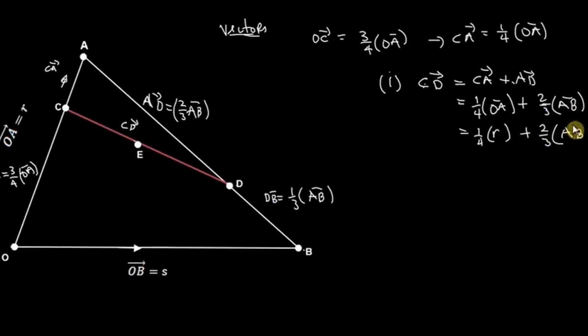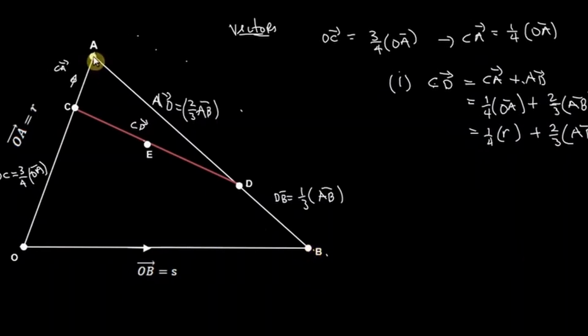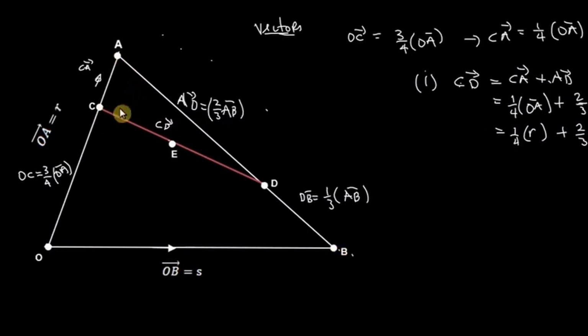That's not a problem. So I need to find AB in terms of R and S, or S, whatever it turns out to be. So let's find the vector AB, which is a vector going all the way from A all the way down to B. If I am at A and I want to get to B, I'm going to find a path to get to B. So I'm going to travel from A to O. Let's just tell you how I'm going to travel.